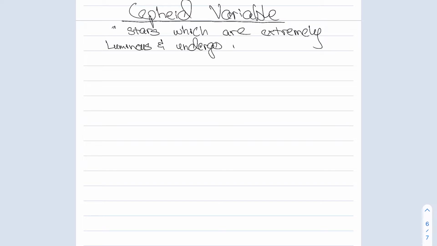A good definition for this would be: stars which are extremely luminous and undergo regular and predictable changes in luminosity.